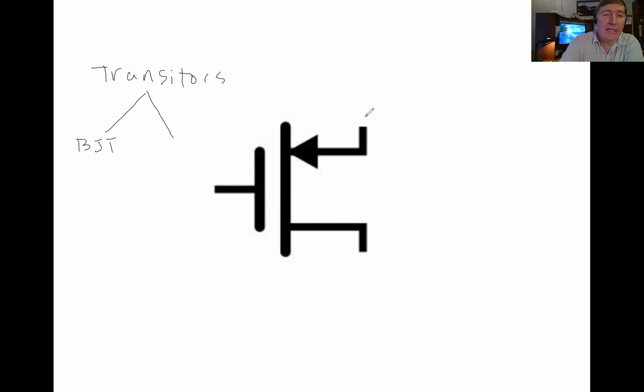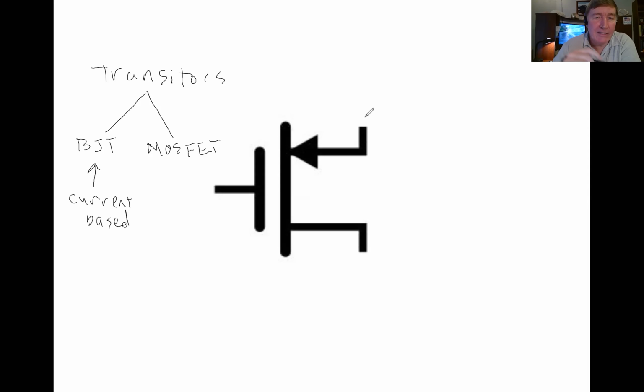And the other is MOSFETs, which stands for Metal Oxide Semiconductor Field Effect Transistor. Now, the important thing about BJTs is that they are current-based. What that means is, in order to turn on a bipolar junction transistor, current has to flow into the transistor through the input terminal.